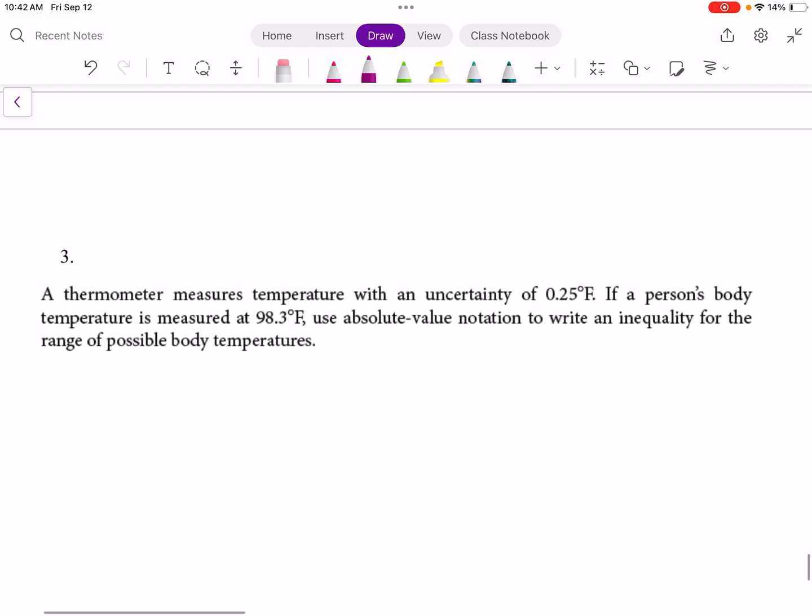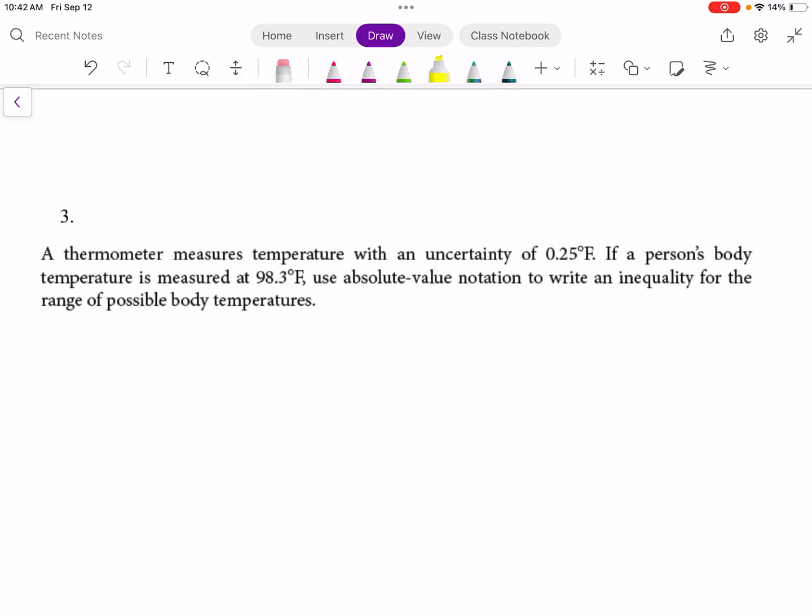Now let's go to number 3. Here a thermometer measures the temperature with an uncertainty of 0.25 degree Fahrenheit. Now what does this mean? If the thermometer has an uncertainty of 0.25 degree Fahrenheit, what does this mean?